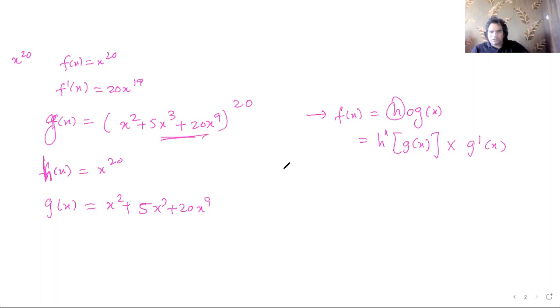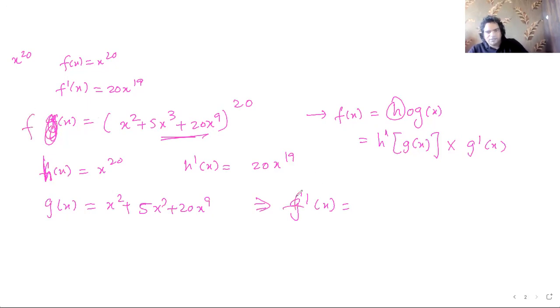Now, if I apply this logic, h dash x will be 20 x to the power 19. And obviously I have to do h dash of g of x, times g dash x. In this question I have taken different notations, so let's say this is my f of x.